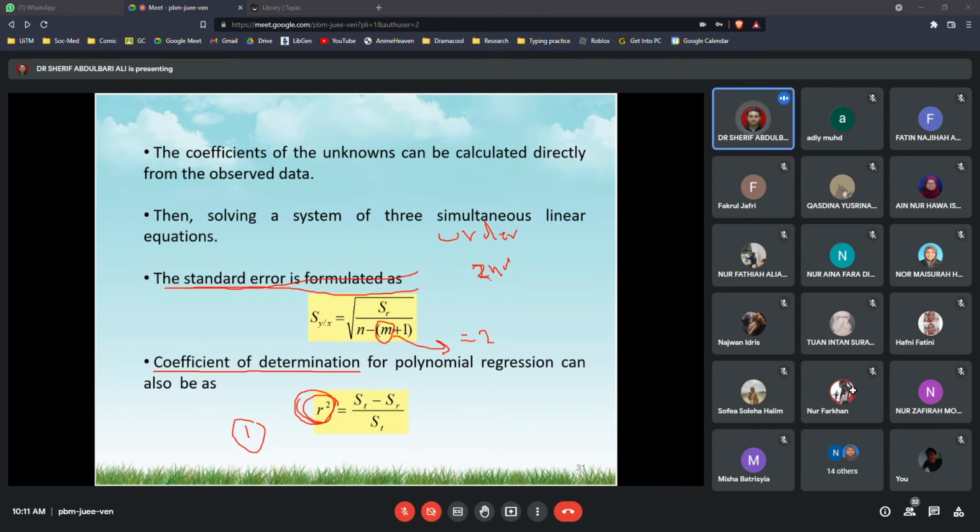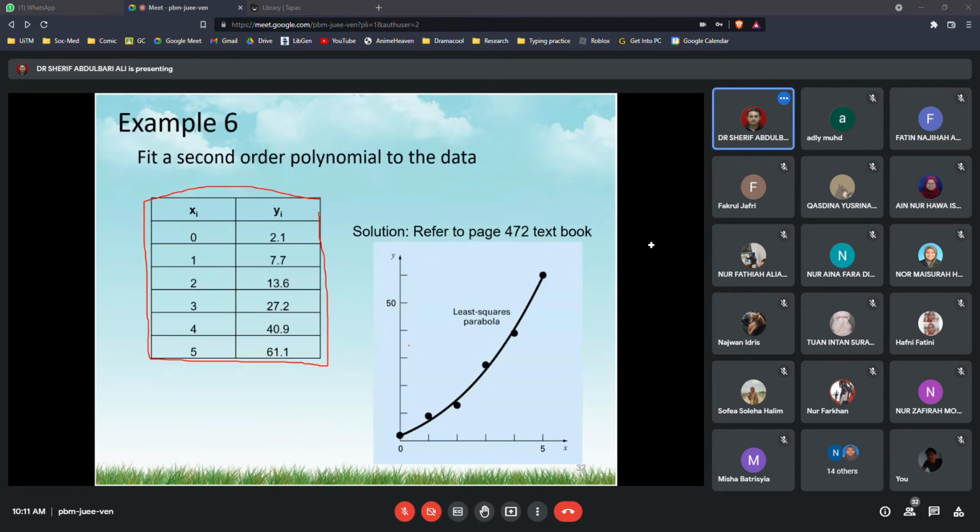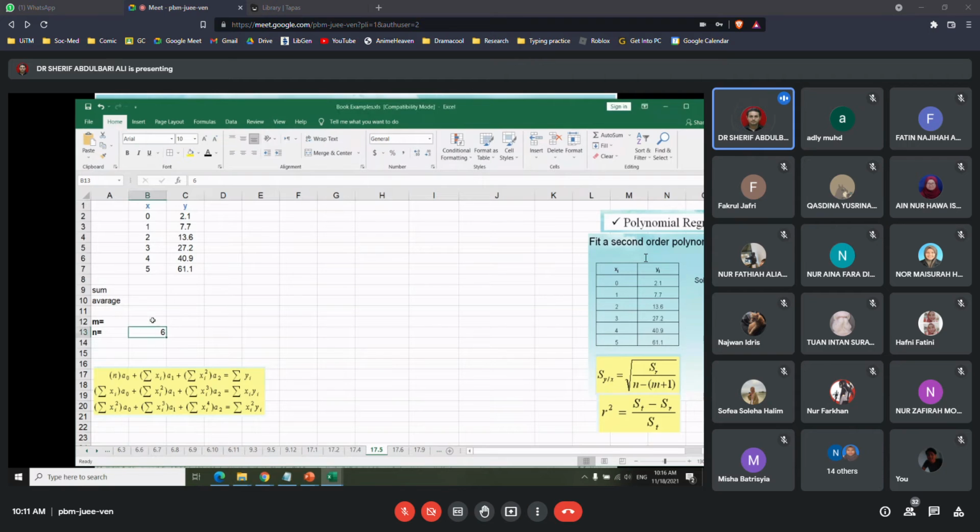If it's a third order polynomial, then m is equal to 3. So m here is the order of the polynomial. In our example here, it is asking us to find a second order polynomial. So this means m is equal to 2.